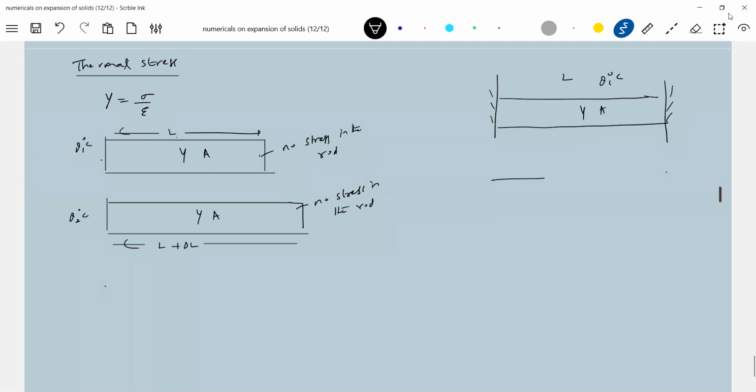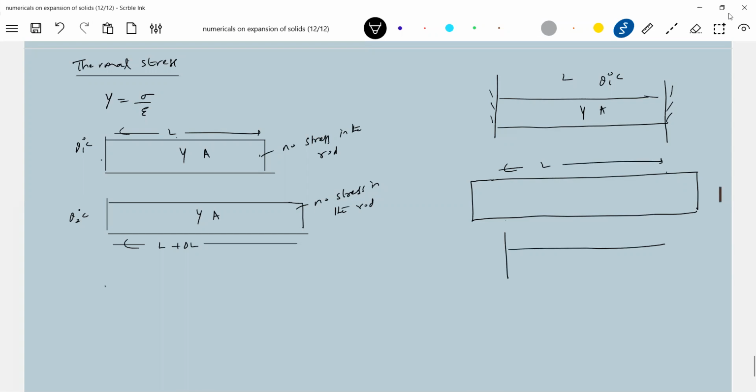The rod actually wants to expand. So this is the length L, and here is the elongation. But I will not permit it to expand at higher temperature.